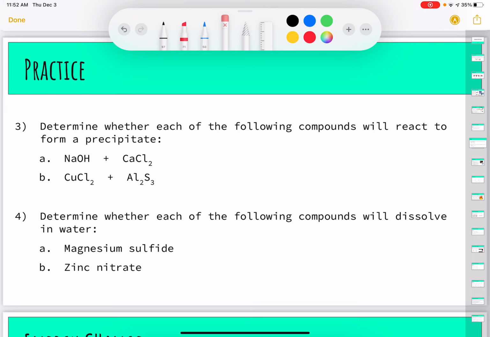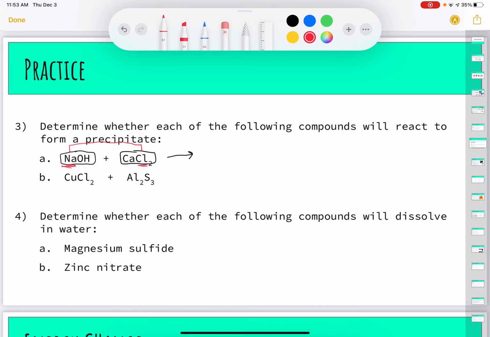So it says determine whether each of the following compounds will react to form a precipitate. So just like I did in the other question, these are two elements together and two elements together. When we have something like that, they switch places, they switch partners, dance partners, whatever you want to say. So Na was dancing with OH, and now they want to dance with Cl. Why Cl? Because Na is the cation. It needs to join an anion.